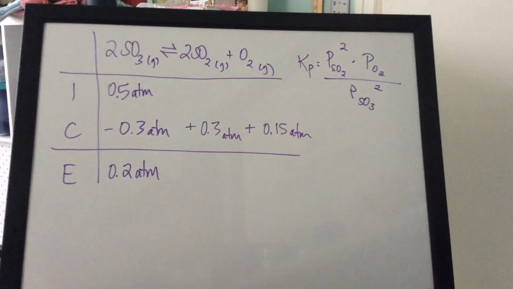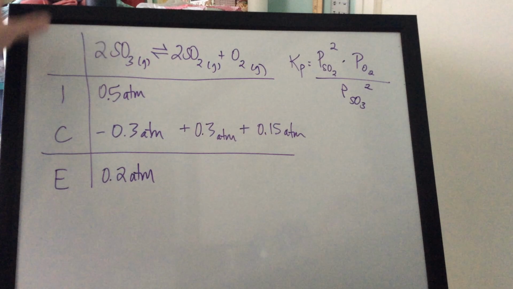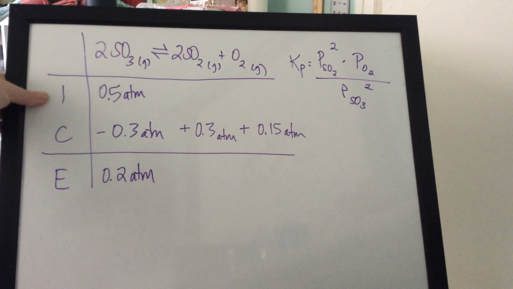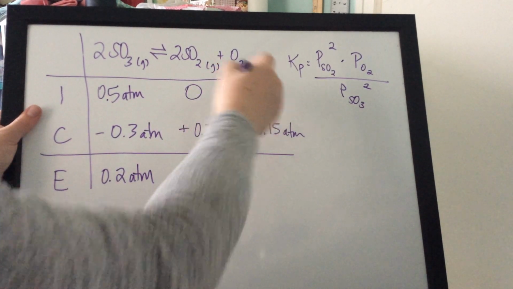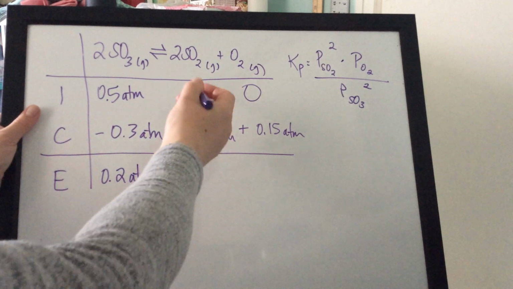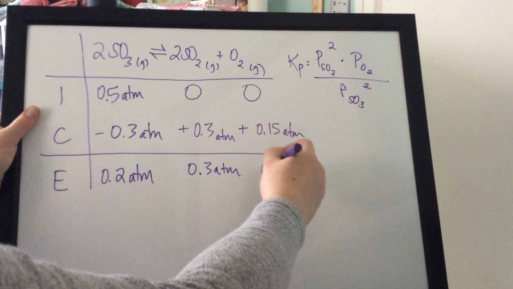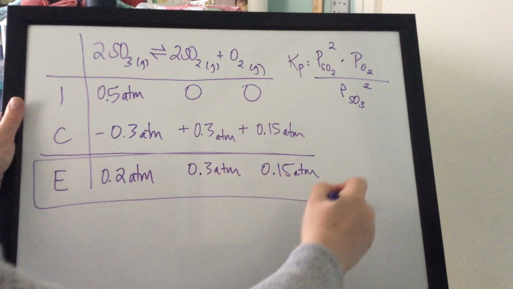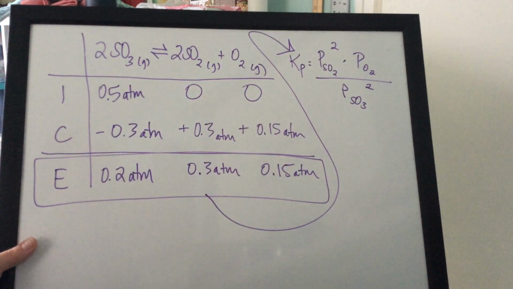And then this might be where students get stuck. But you have to remember that initially, at time 0, if I had some SO3 in my container, then I have no product in my container. Not initially, not at time 0. So then 0 plus 0.3 is 0.3, and 0 plus 0.15 is 0.15. Here are my equilibrium partial pressures, and I'm going to take them and plug them in to my expression.